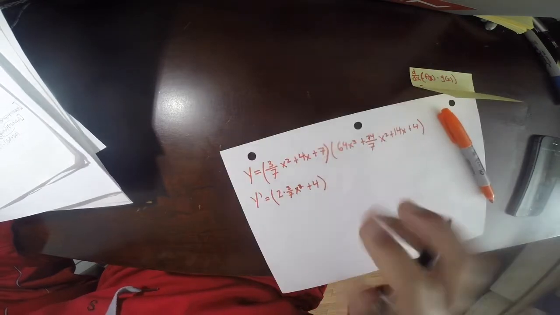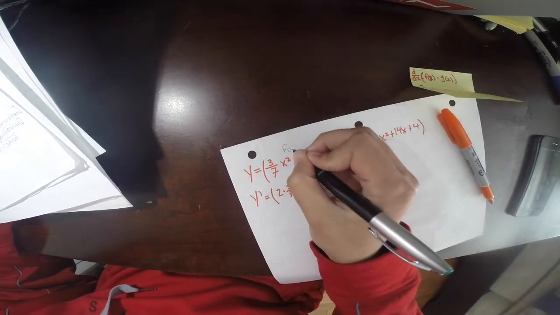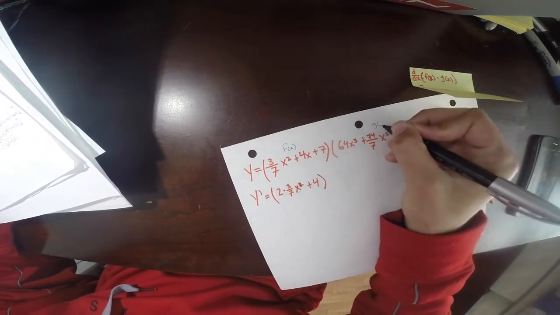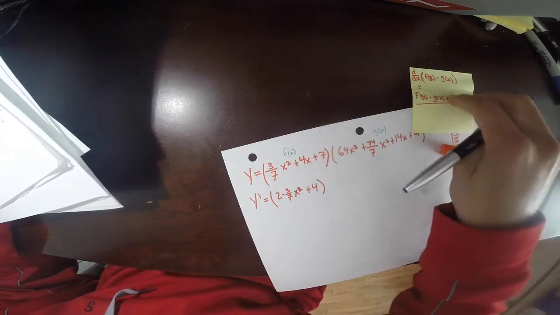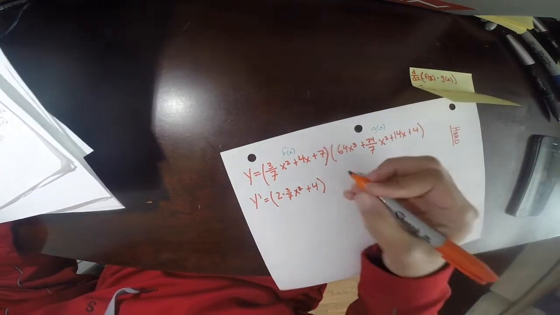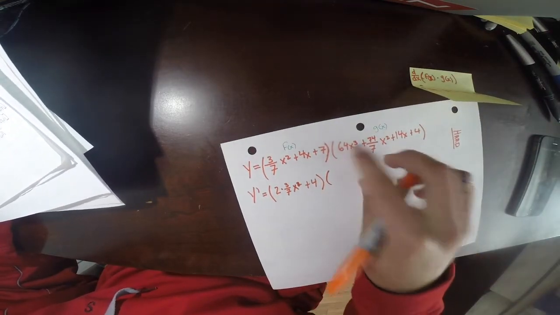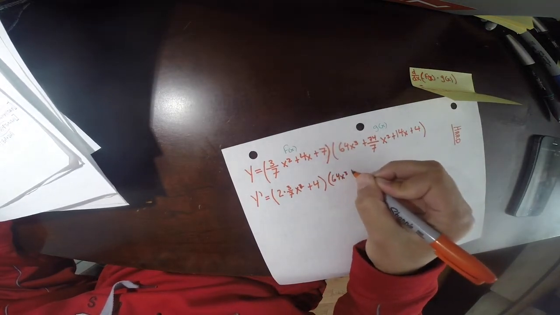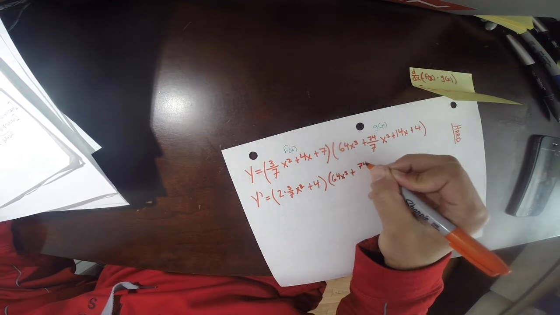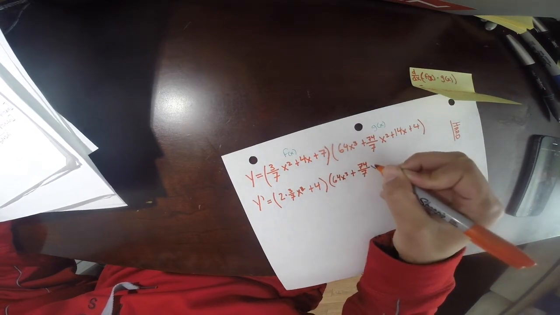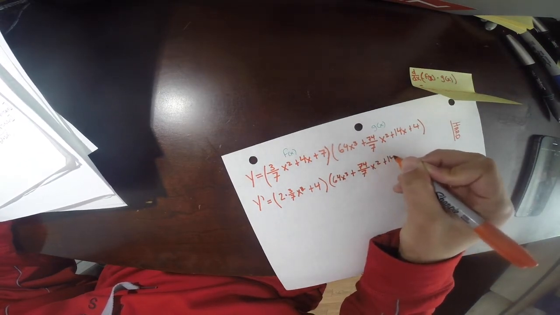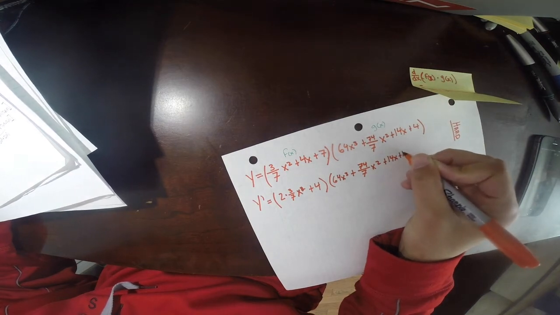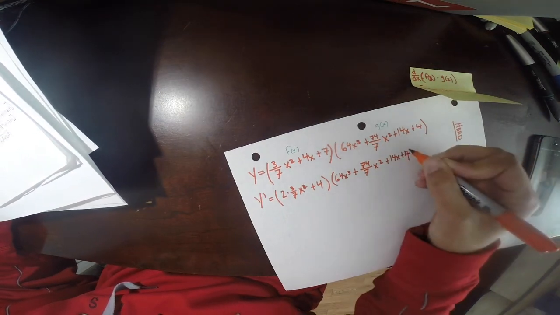Or just again, think of this as f of x and g of x. Now move on to the next one. You keep the normal function for x cubed plus 74 over 7 x squared plus 14x plus 4.